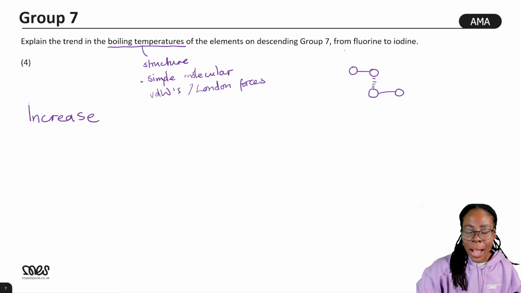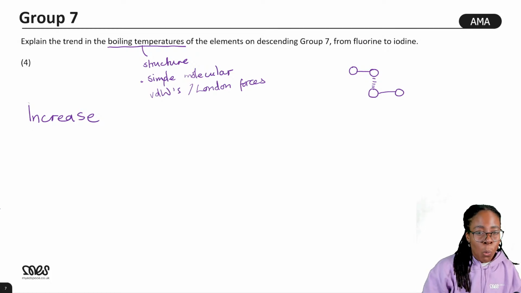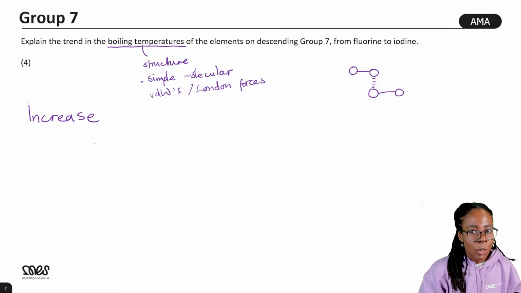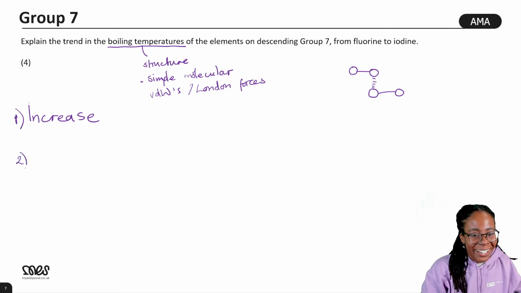So as we go down the group, what happens to the molecules that would make the London forces, or any intermolecular force, stronger? What happens to the molecules as we go down the group that makes these van der Waals stronger? That's point 1. They get stronger, but why?